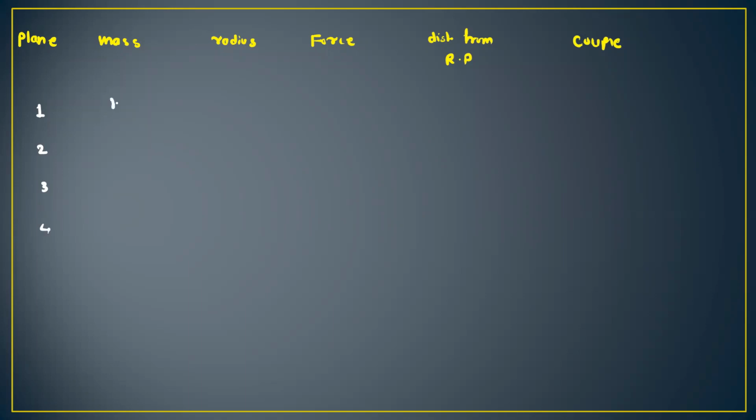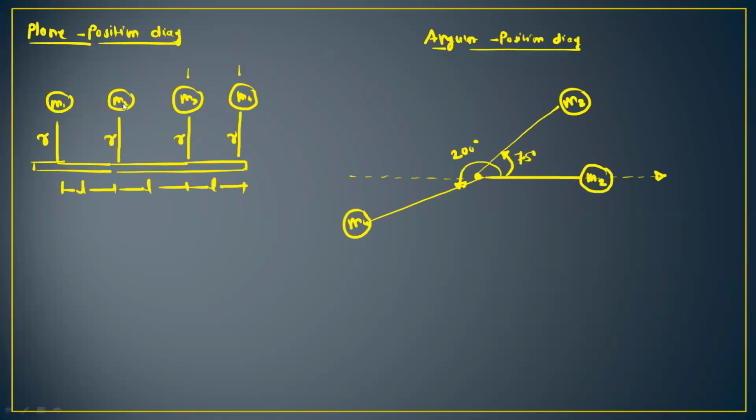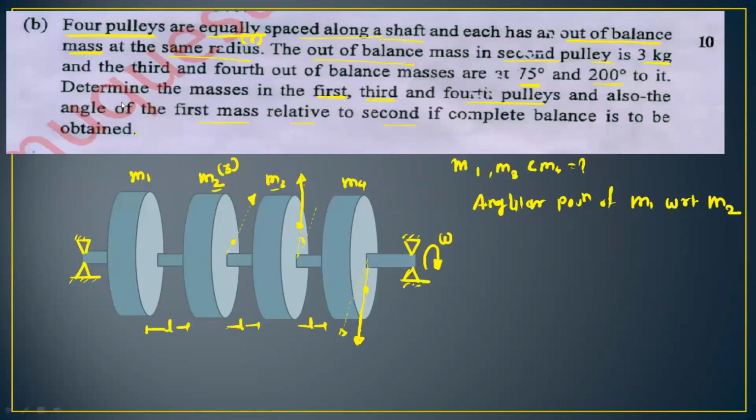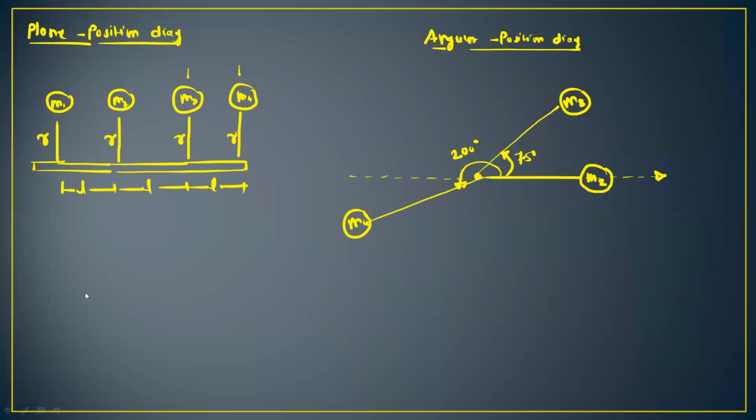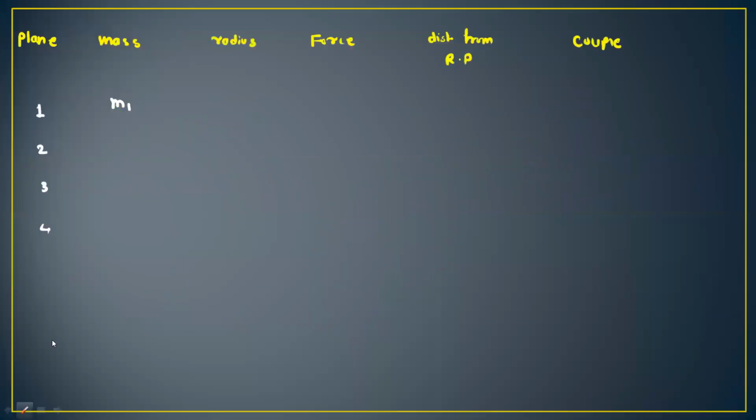So mass is m1. For the second pulley, mass is 3 kg. So m1 is unknown, this is 3 kg. Then m3 and m4 are unknown.